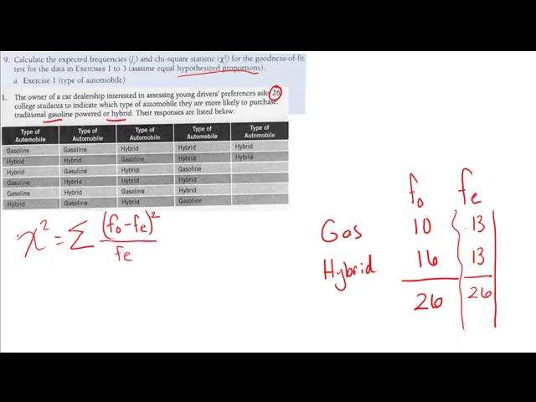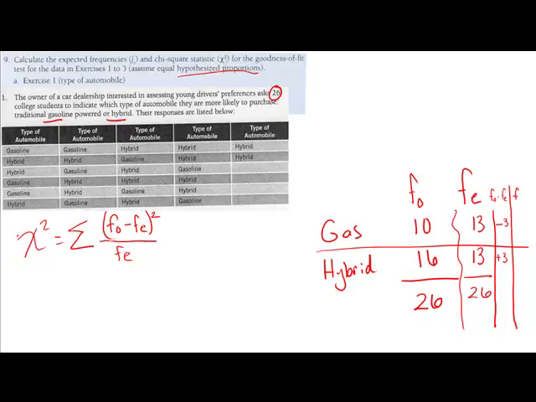So I have two rows over here. Actually, I need some more room. All right, so frequency observed minus frequency expected. 10 minus 13 is a negative 3. 16 minus 13 is a positive 3. That is frequency observed minus frequency expected.